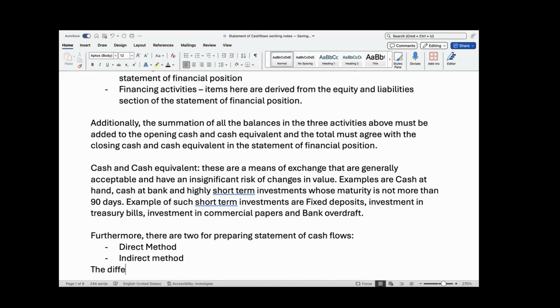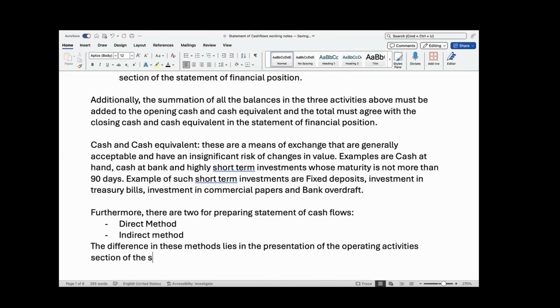The difference in these methods lies in the presentation of the operating activities section of the statement of cash flows.